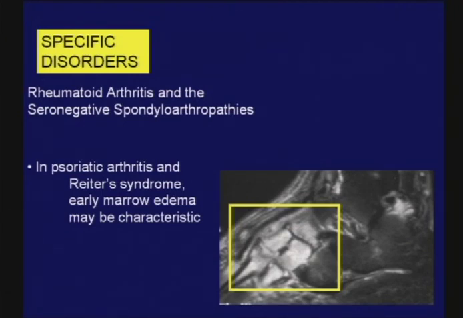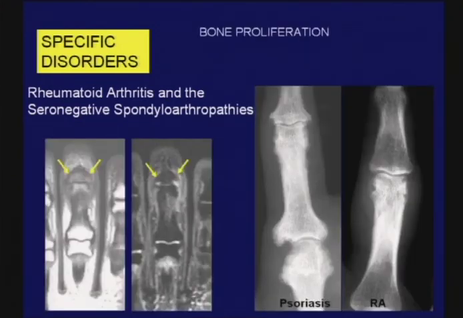I've seen this a number of times, particularly in psoriasis and especially in the foot, as shown here. Now, I find this interesting, first because I don't see it often in rheumatoid arthritis, and second because part of the morphology of the psoriatic process shown here, as opposed to the rheumatoid process shown here, is the presence of bone proliferation.